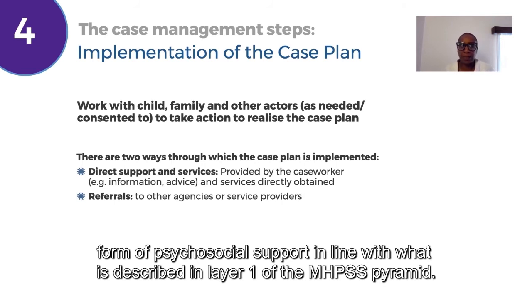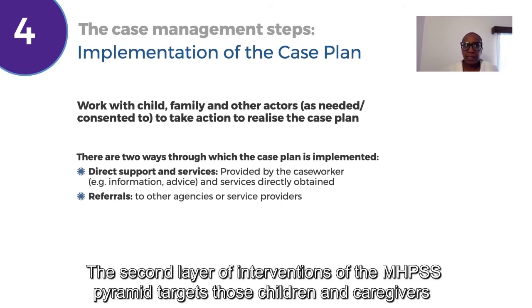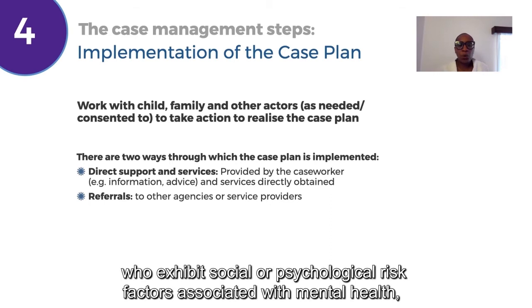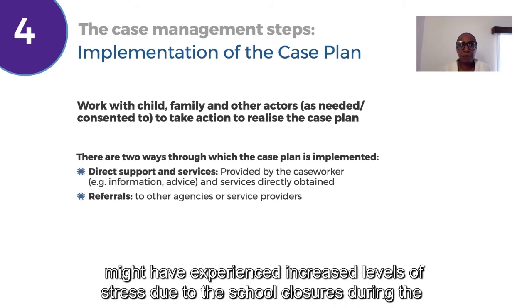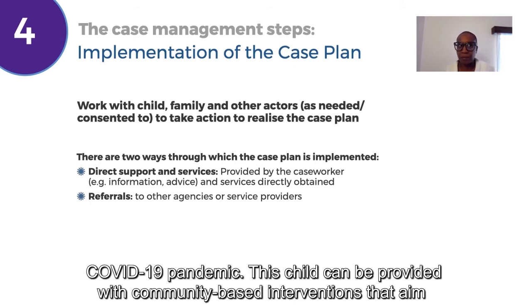The second layer of interventions of the MHPSS pyramid targets those children and caregivers who exhibit social or psychological risk factors associated with mental health, emotional, or behavioral disorders. A child in need of this level of support might have experienced increased levels of stress due to school closures during the COVID-19 pandemic.